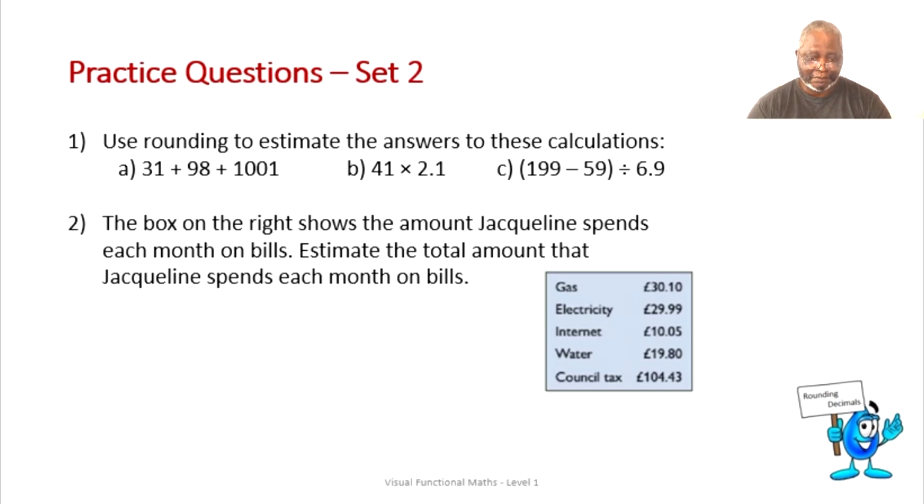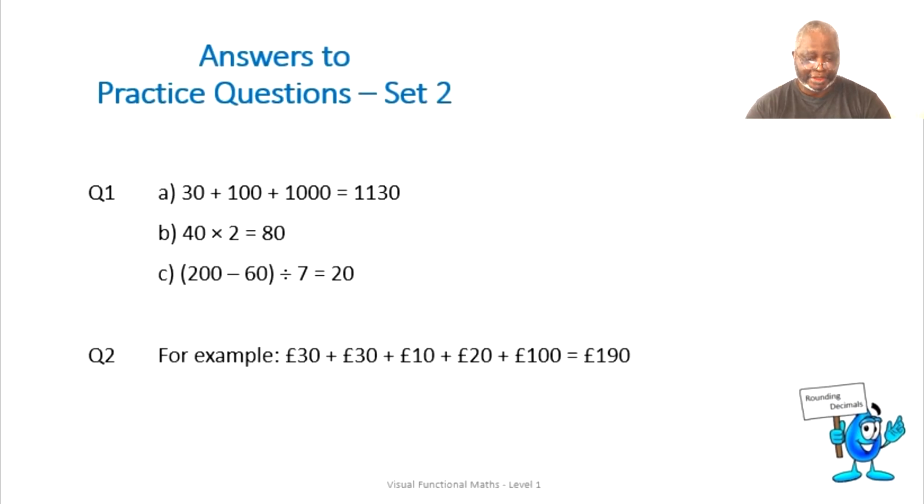Estimate the total amount that Jacqueline spends each month on bills. In this case, you have to round to the nearest whole number because you cannot do estimations with the decimal point, not for your household bills. Okay? So you estimate that before you add your itemized bills, and that will be your answer.